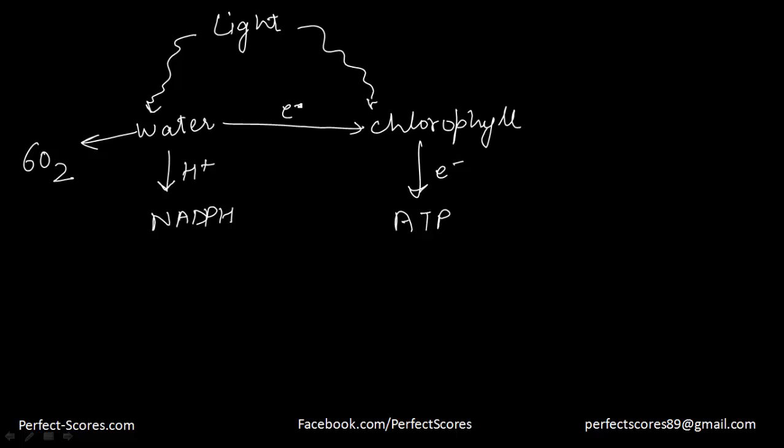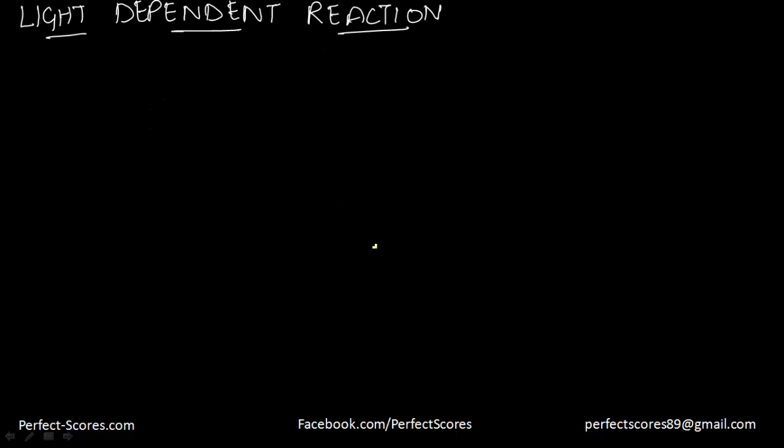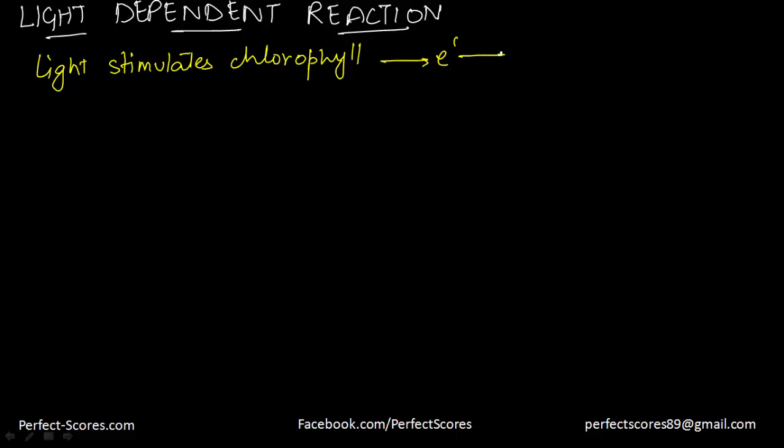Now, the first part of photosynthesis is the light-dependent reaction, which uses the light energy to make ATP. So what are the steps that are involved in the light-dependent reaction? The first thing is that light stimulates chlorophyll to release electrons, which results in production of ATP.